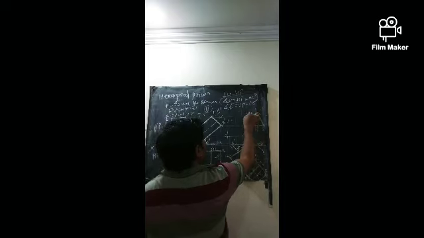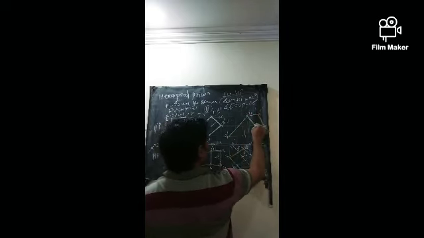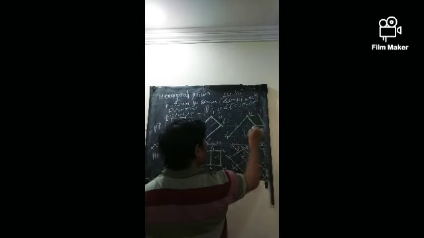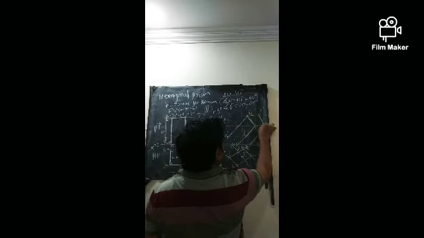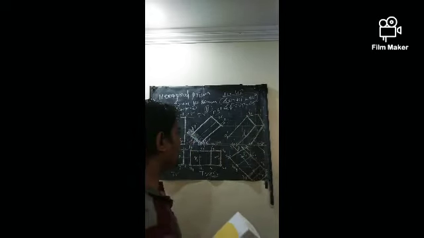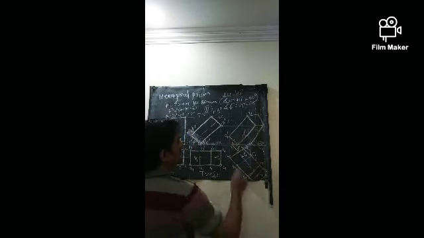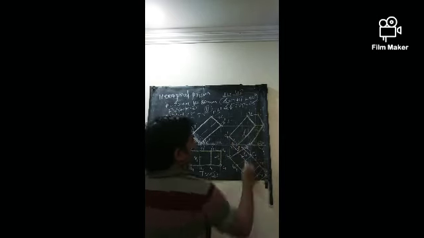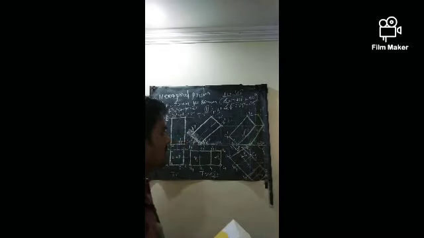So this 1, then 2B and 3C. Okay, so these edges are visible. Corresponding edges, means base edges, that is 1B, and this BC is visible.